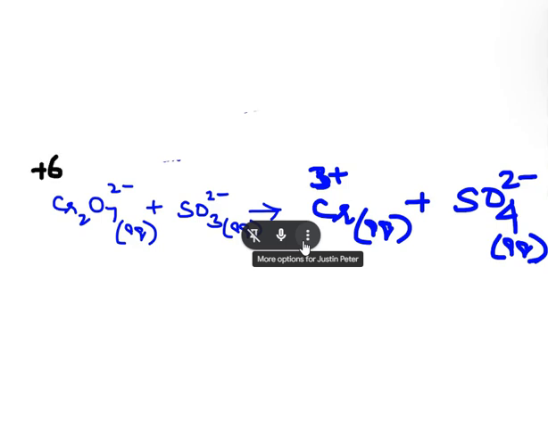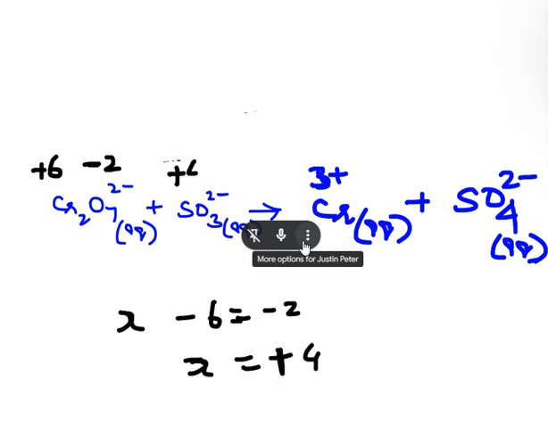Oxygen? -2. Sulfur? -6 is equal to x - 6, or x is equal to +4 in this case. So sulfur will have a +4.